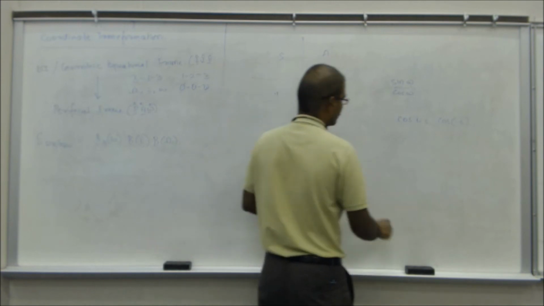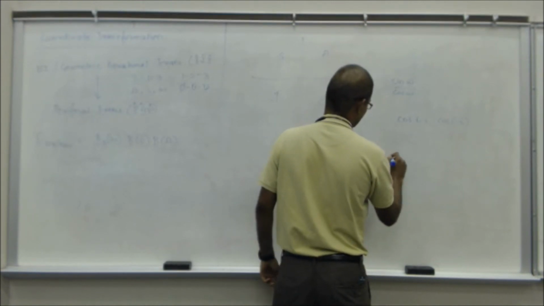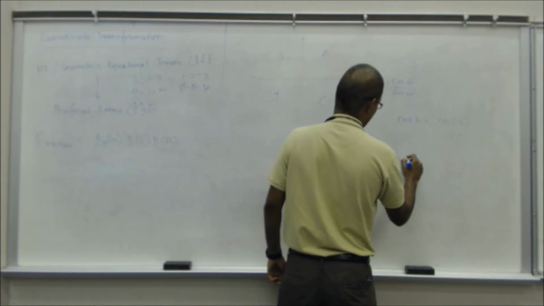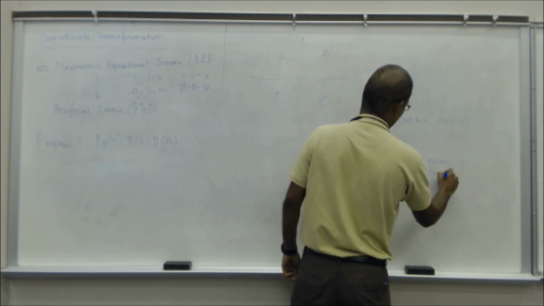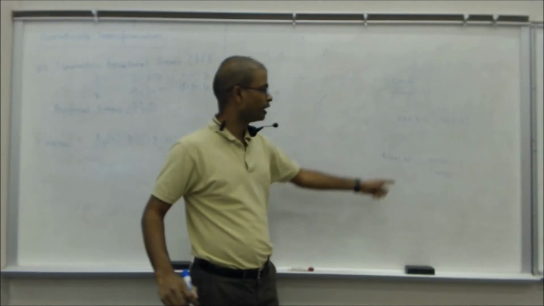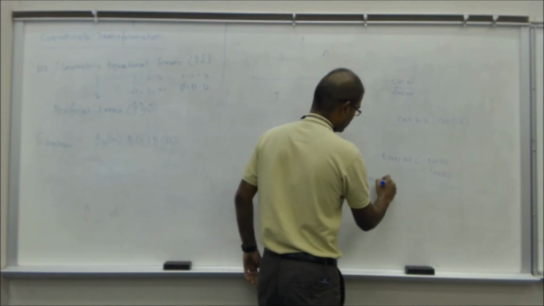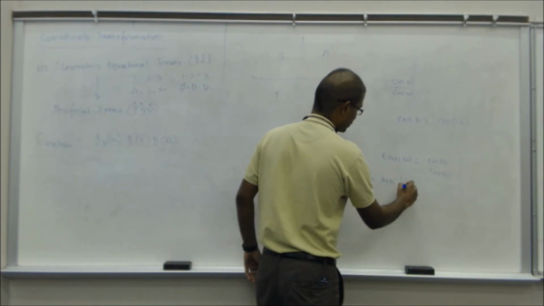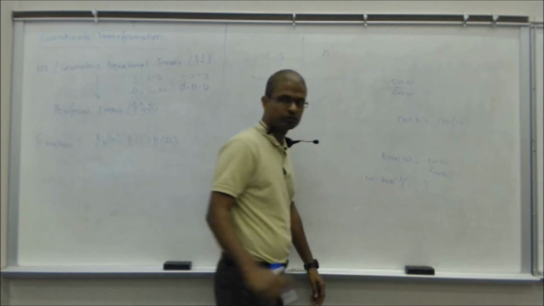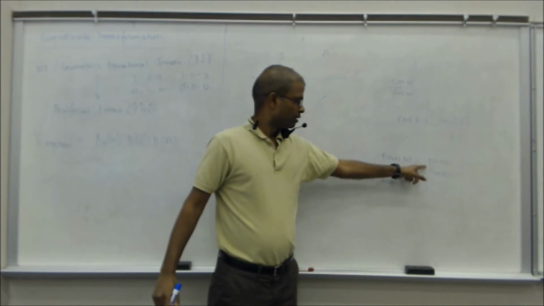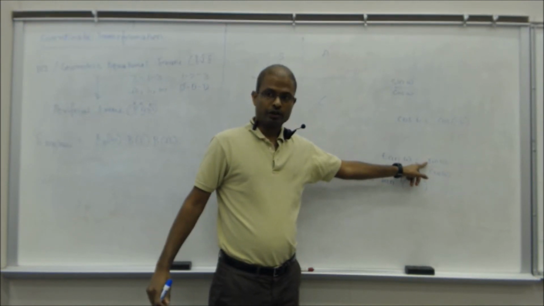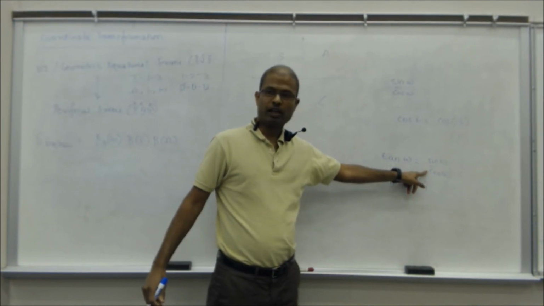So if you calculate tangent inverse, what is tangent of something? Tangent omega is sine omega over cosine omega, right? Now if you want to calculate omega, you're going to do tangent inverse of that value, right? Sine omega will have a value, cosine omega will have a value, right?